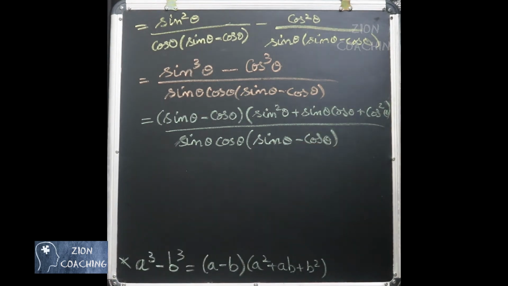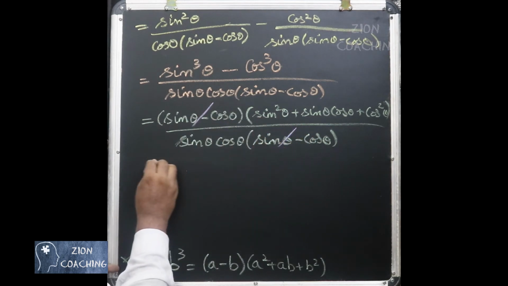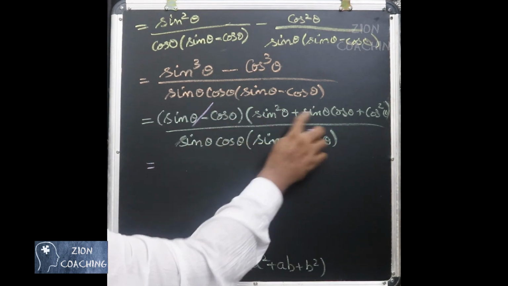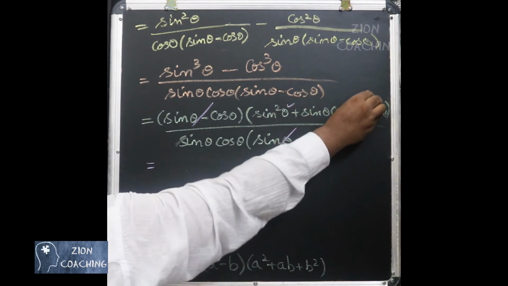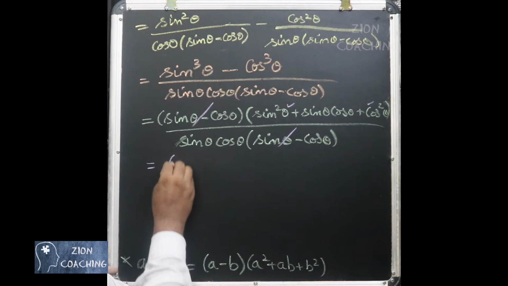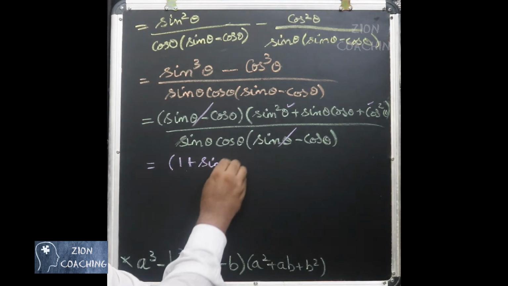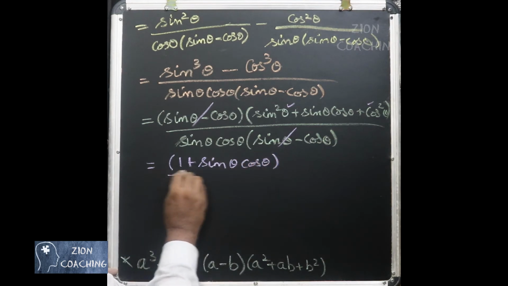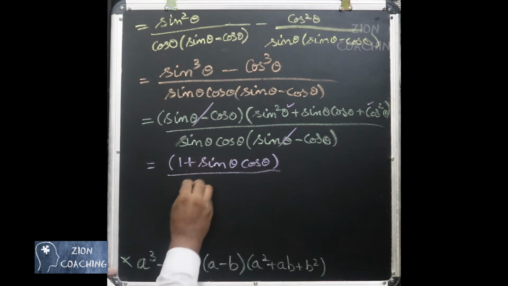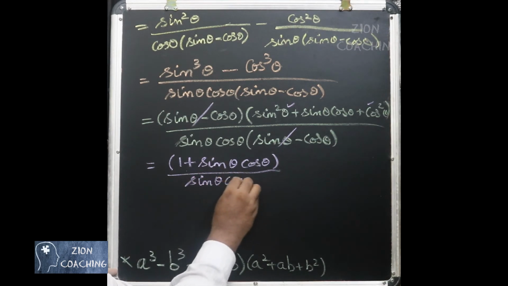Now we have sin theta minus cos theta both in the numerator and the denominator, which can be cancelled. We know that sin squared theta plus cos squared theta is 1. So it is going to be 1 plus sin theta cos theta divided by sin theta cos theta.